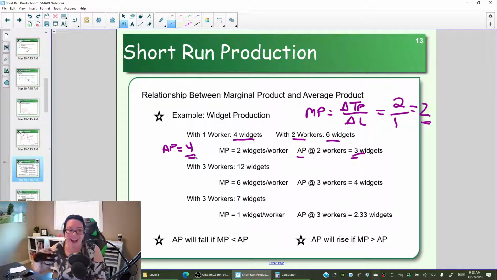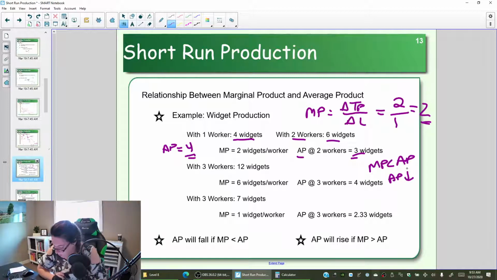So if marginal product is less than the average product, it's going to make the average go down. And you can see the average when we have 2 workers is 3 widgets, which is less than the 4 that it was. So if the marginal is below the average, it pulls the average down.